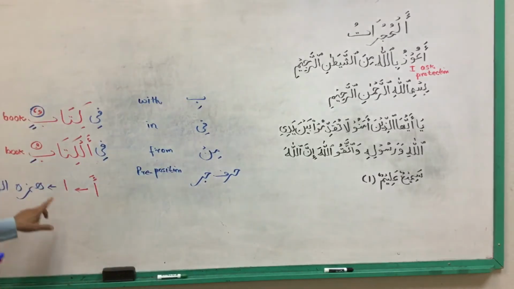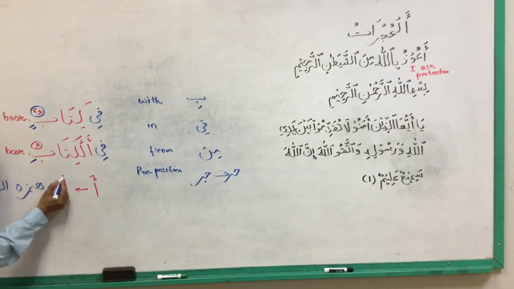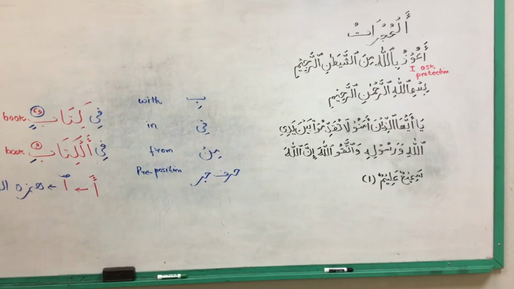But here, you cannot explain to the student what it is. But when you put a swad here, I can give you more information. That swad means wasl, and it's called Hamzatul Wasl, and wasl means two words joined together, and alif is sacrificed.